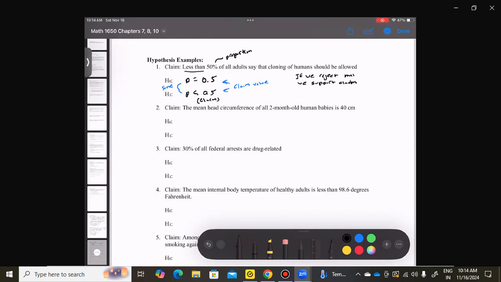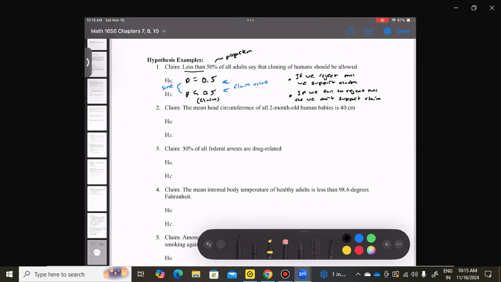That's one possibility. The other possibility is if we fail to reject null, then we don't support claim. Okay. Because we're not giving evidence that it's less than.